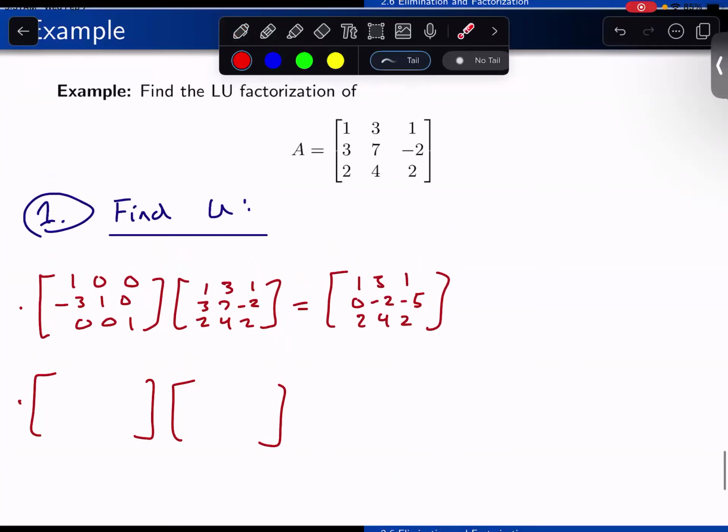Okay, next we would want to get rid of the 2 here. So the elimination matrix is going to be the identity matrix, except now we have a minus 2 in the 3, 1 entry, because we're going to be taking row 3 and subtracting 2 times row 1. Then we multiply by the matrix we had on the right-hand side.